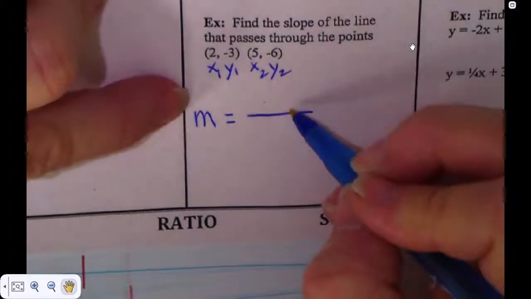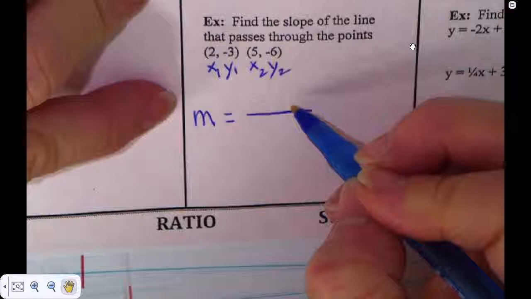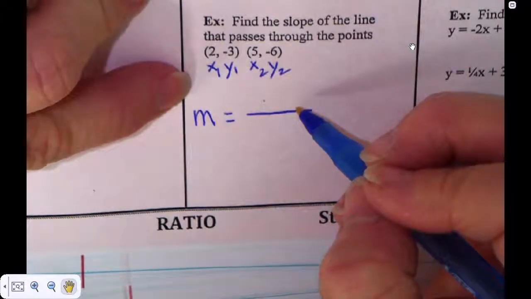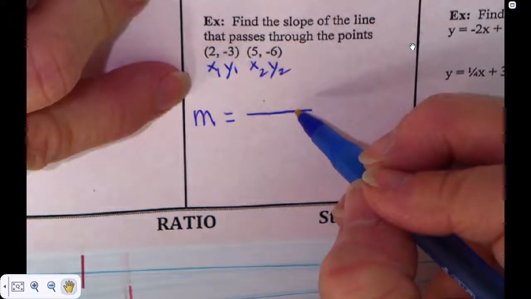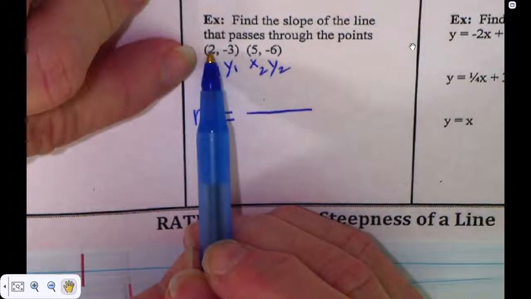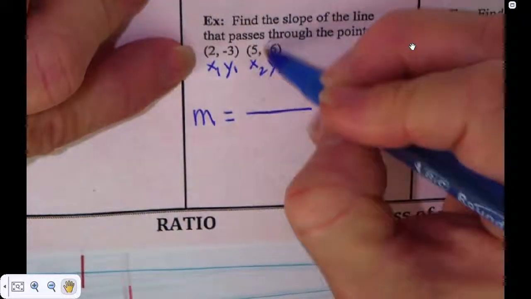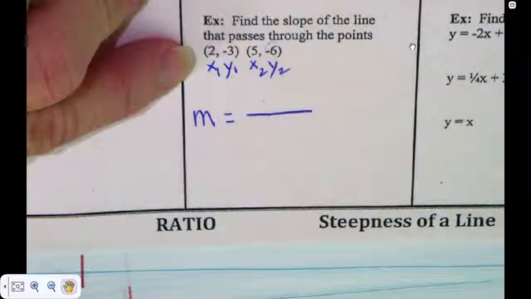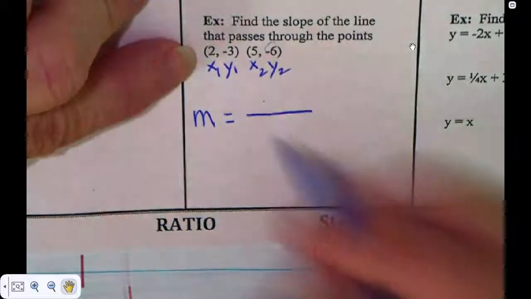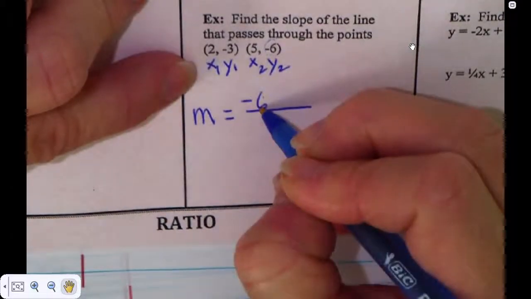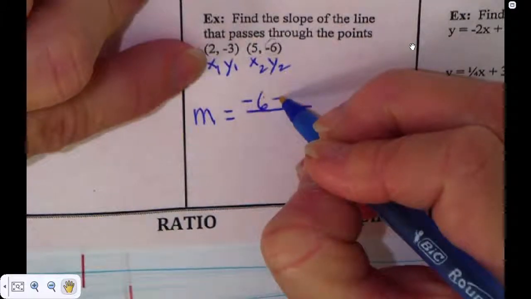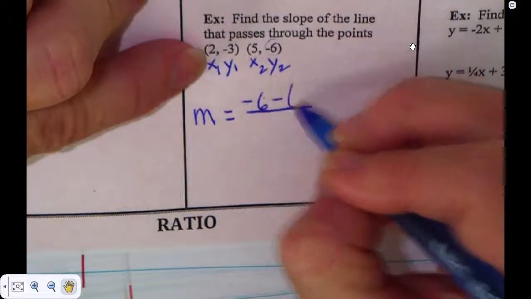So on the top, this is where everybody messes up. They want to put the x's on. They want to start with that first point right there. But guess what, guys? We're going to start with the last point. We're going to start at the end and work backwards. So we're going to go -6 minus -3.